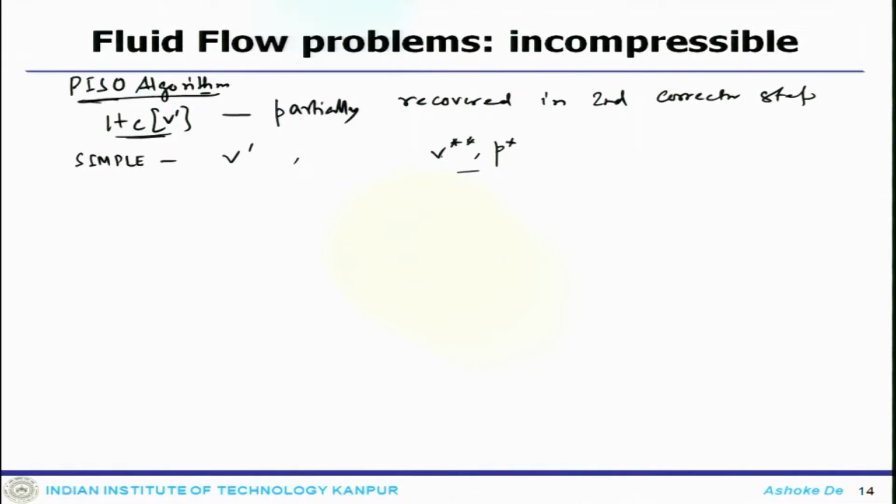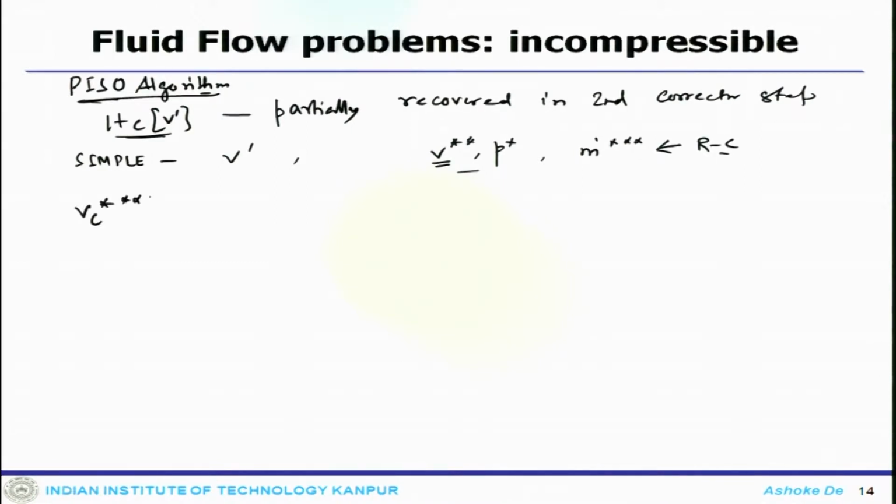The new velocity field V star star is also used to calculate the m dot star star at the element faces using Rhie-Chow interpolation, and this Hc V prime is also partially recovered.